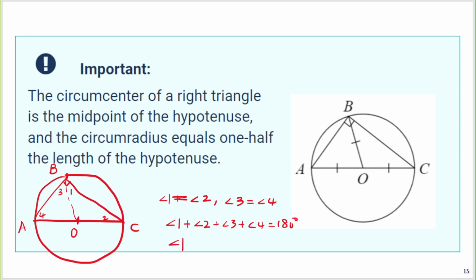Therefore, you can prove that angle 1 plus angle 3 equals 90 degrees. That means the angle corresponding to the diameter in a circle must be 90 degrees. Did you get it? So you can use this theorem together. Do you have any questions?